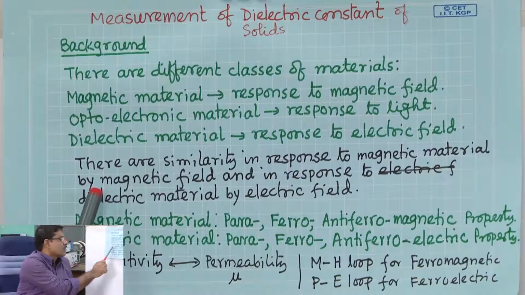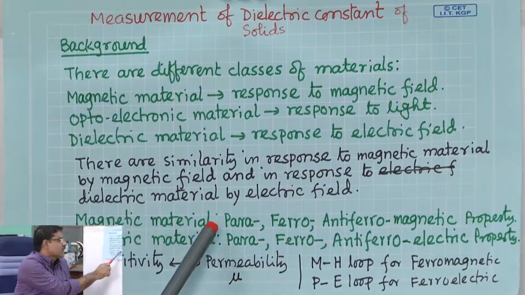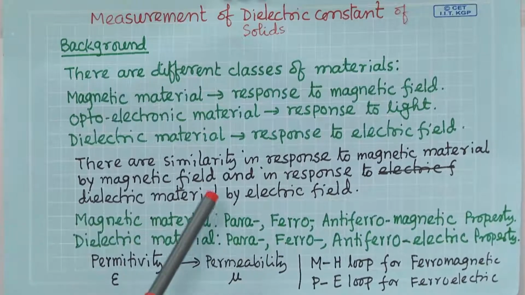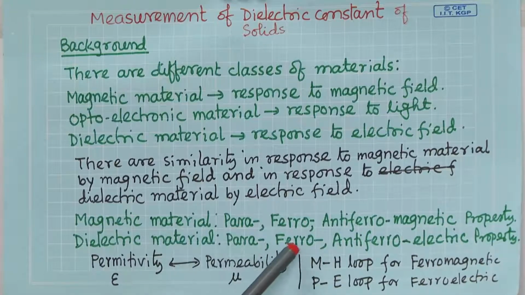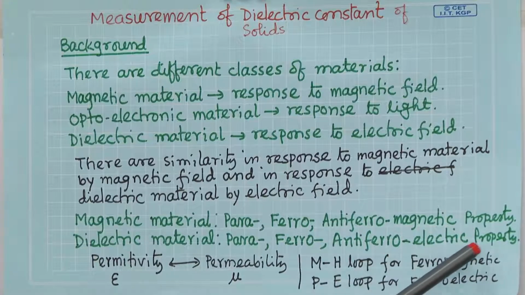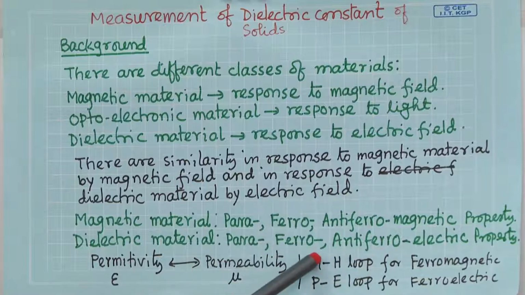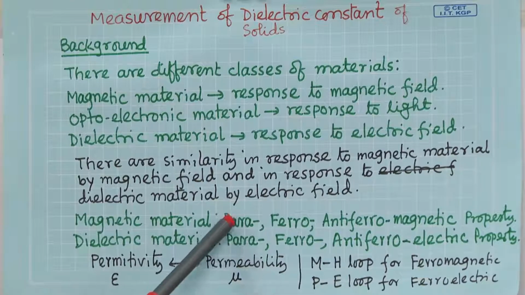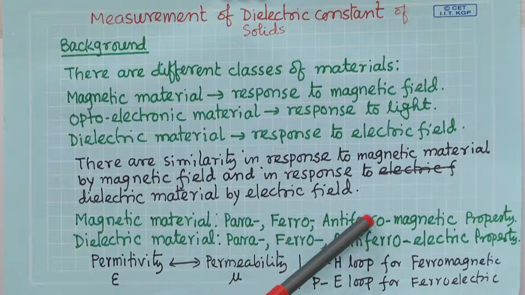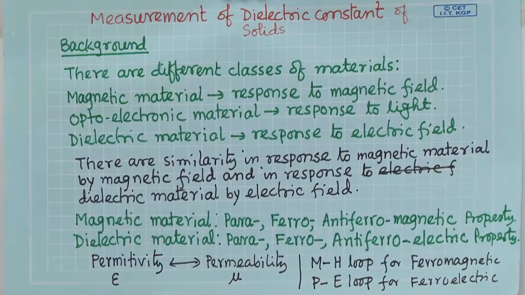There are different kinds of dielectric materials like paraelectric, ferroelectric, antiferroelectric. It is similar to paramagnetic, ferromagnetic, antiferromagnetic.